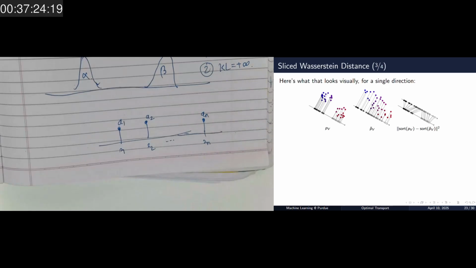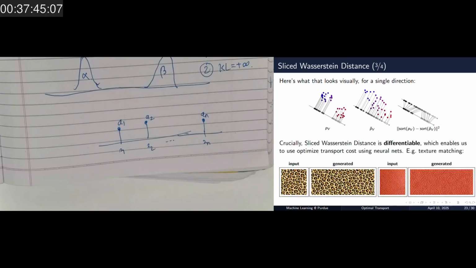So we are projecting along the same direction for both the target measure as well as the input measure, and then we individually sort the input as well as the target measure, then just compute the difference to get our final distance. And we do this for a bunch of directions in order to get a consistent distance value.